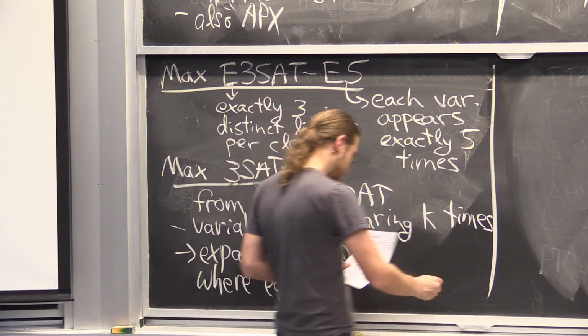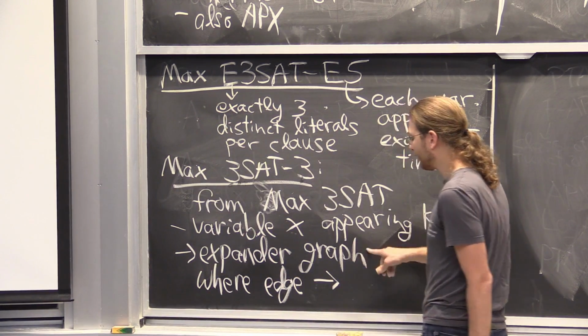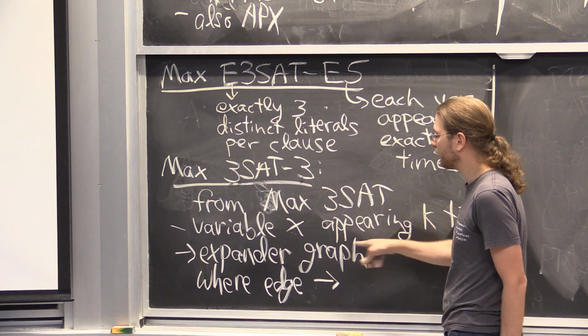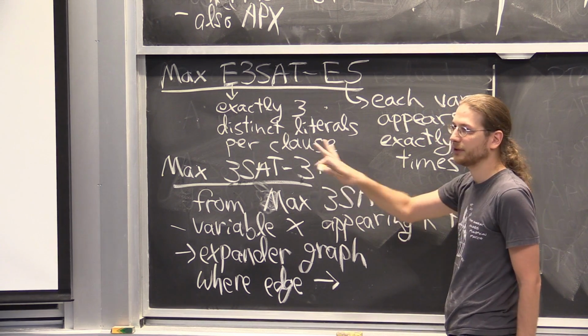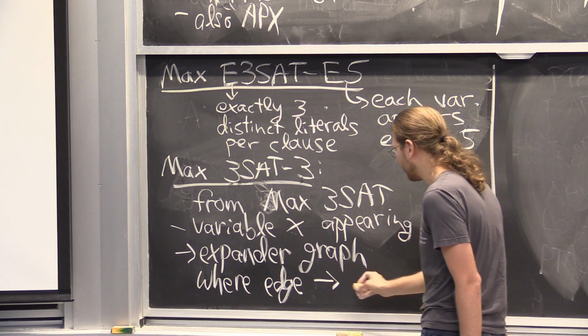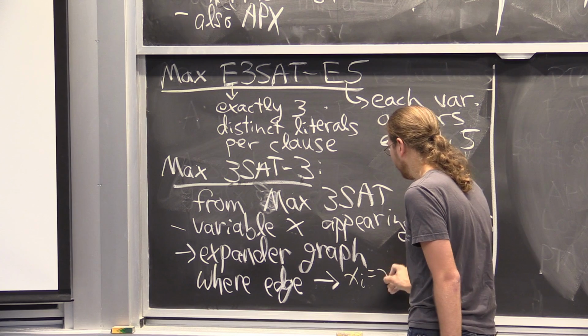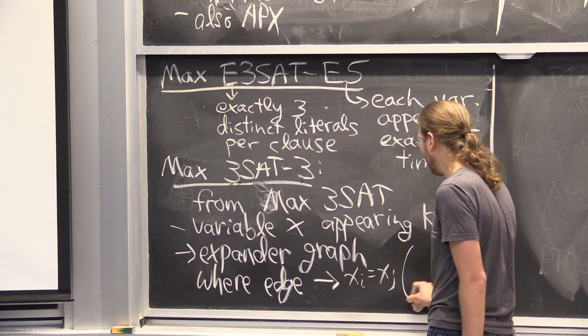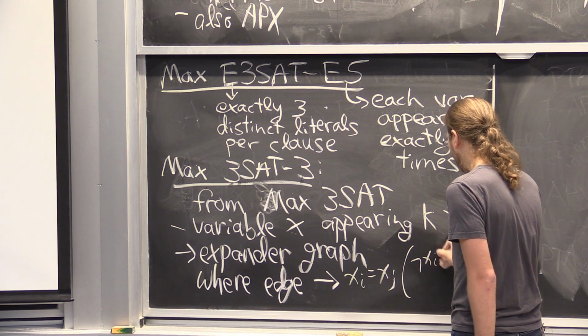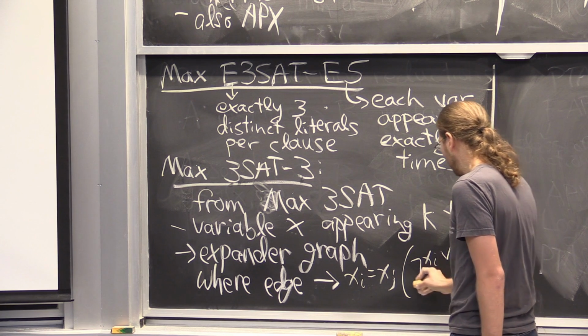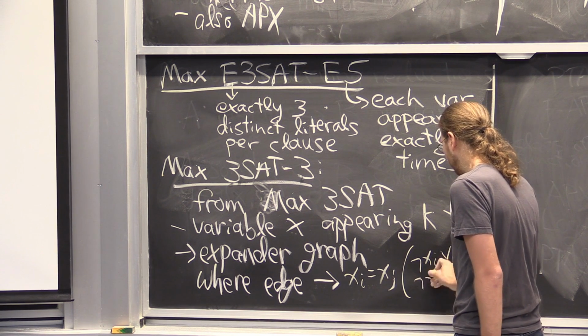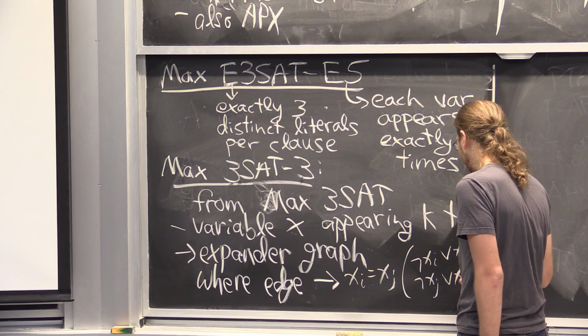So what I want to do, whenever I have an edge in this graph, this is a graph whose vertices are the x1 through xk, I'm going to convert an edge into a constraint which is effectively xi equals xj, which in reality is (not xi or xj) and (not xj or xi).